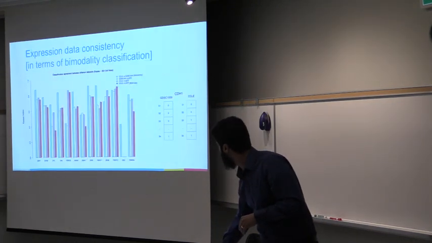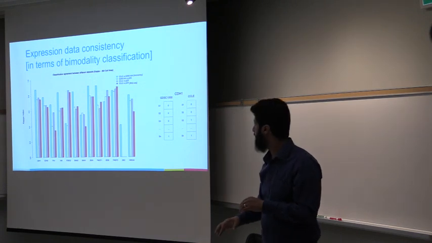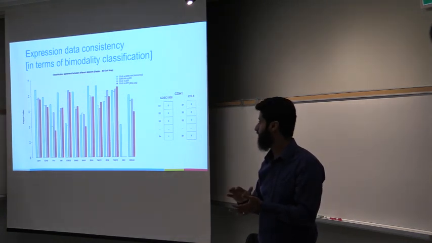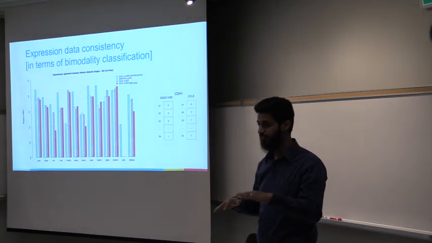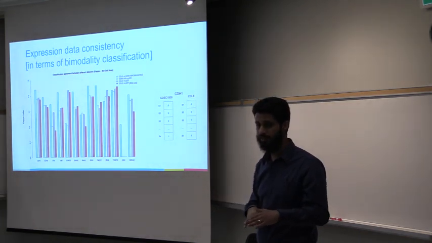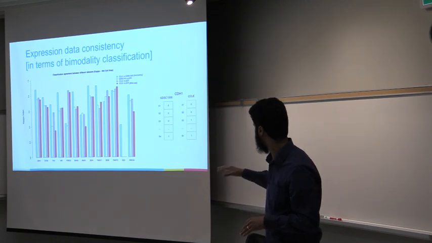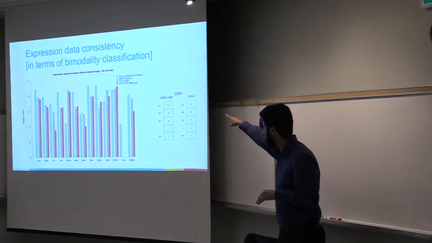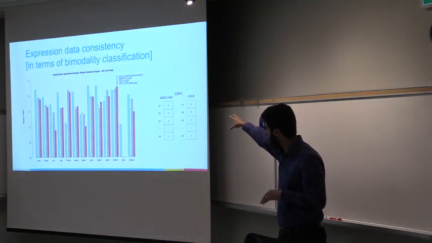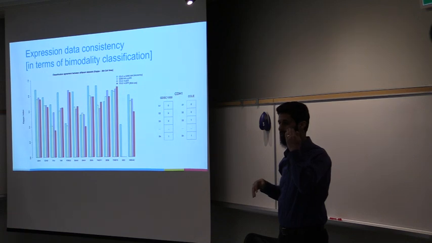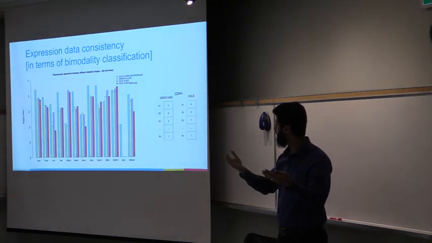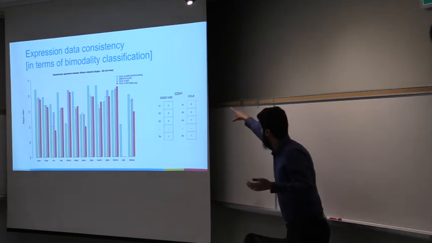So to do that, before we build the models, we try to see whether this bimodality classification is going to hold across the different types of data sets. As an example, we can look at CDH1, which is one of the EMT genes, and look at the green bar, where we compare the data coming from CCLE and the data coming from GDSC1000.